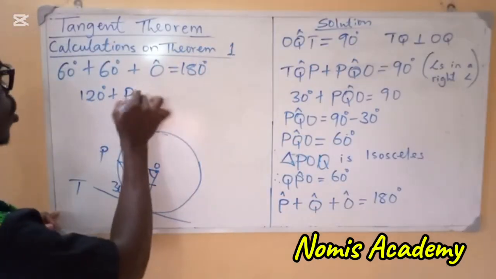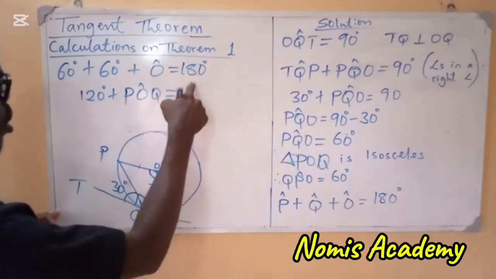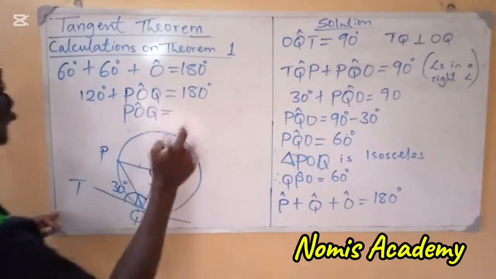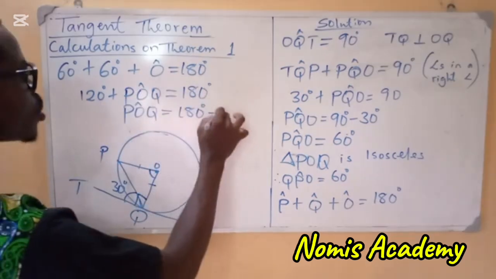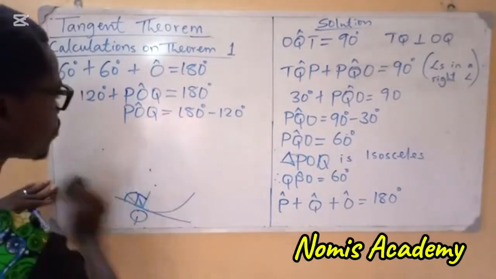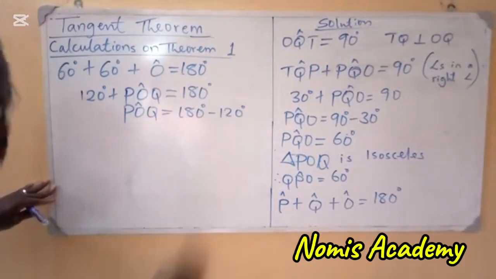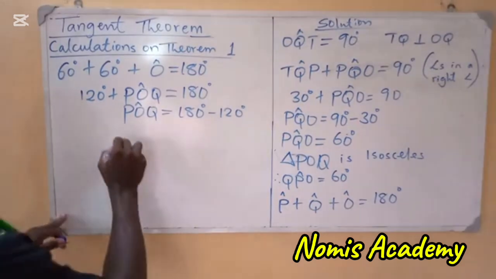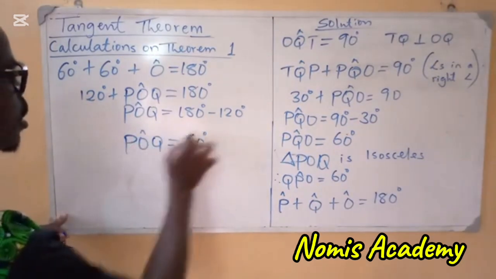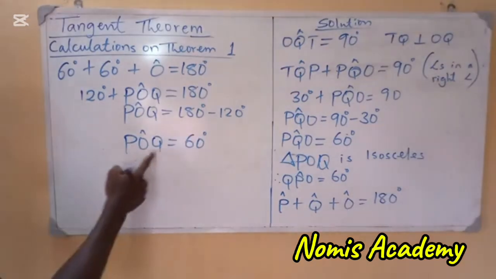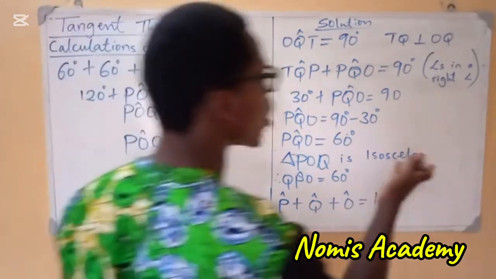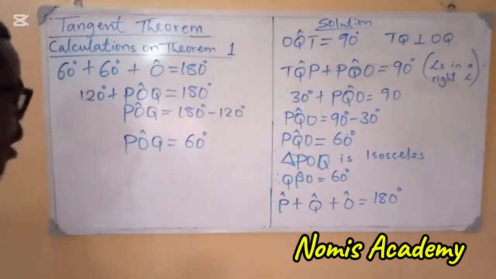So we can write POQ is equal to 180 degrees minus 120 degrees. So the final answer there is 60 degrees.